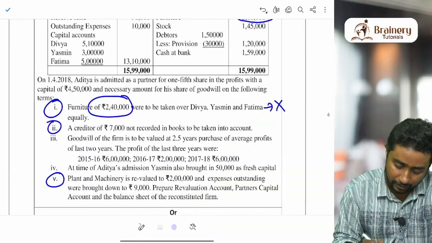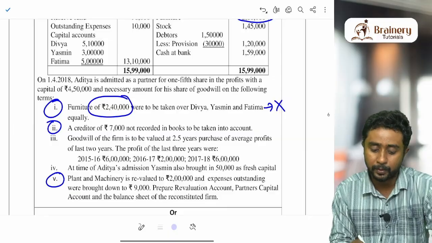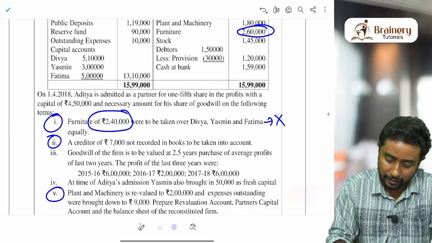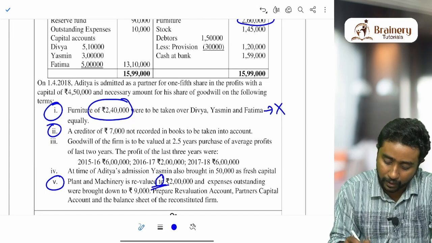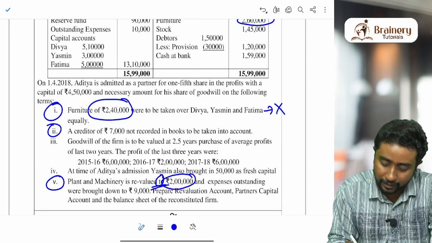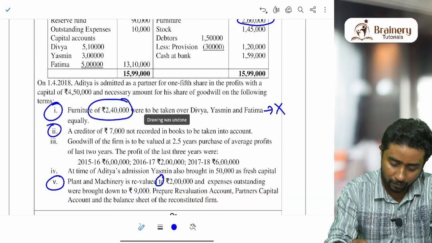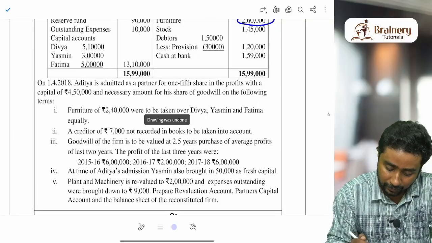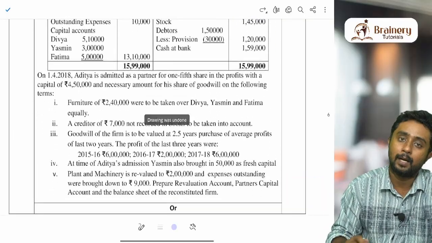Now coming to the next adjustment, plant and machinery is revalued to rupees 2 lakhs. Here they are giving the new value. When they use the word 'to' like this, it means that this value is the new value of the asset or liability. As you can see here, plant and machinery was 1,80,000, now it is 2 lakh.